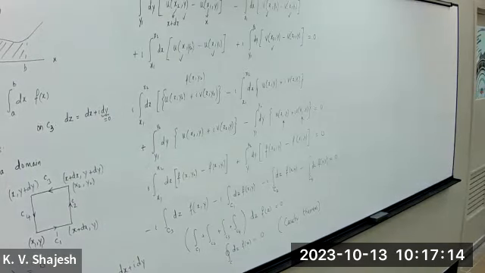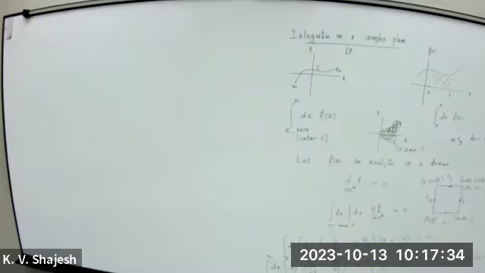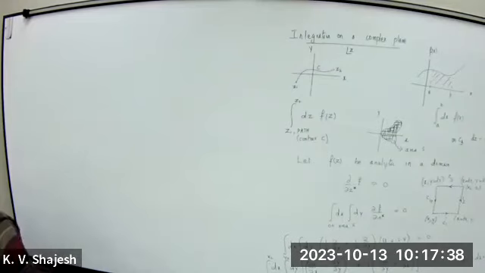And now let's use this, at least get one step ahead, or modify this statement a little bit, which makes it more useful. Okay, so a consequence of that, if you want.